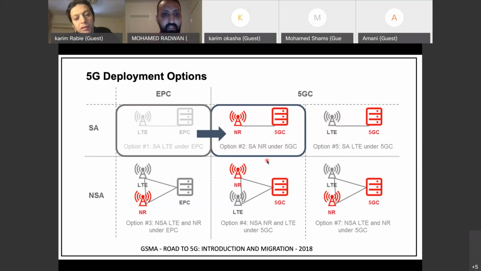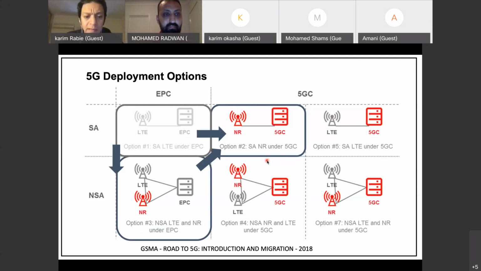What I brought here is one of these options, and I will show you on this map the anatomy of the movement from option 1 to option 2. Normally, the first direction that we saw in the market, and this is already happening on many operators, is that they say, we are in option 1, let's introduce the new radio.